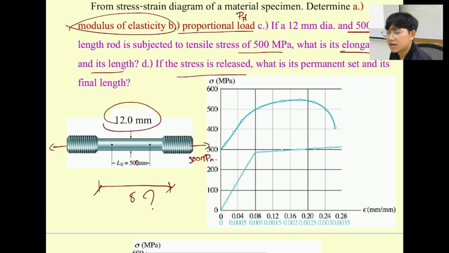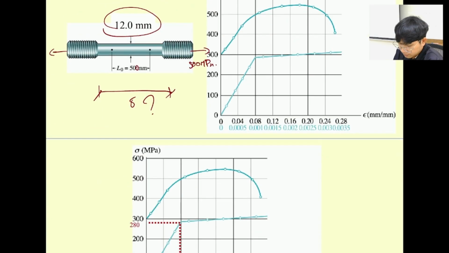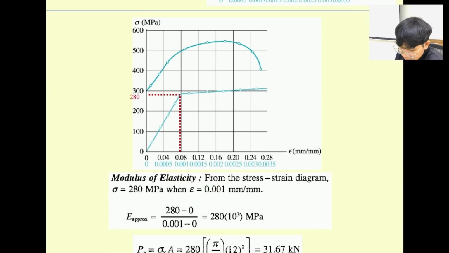And then if the stress is released, what is the permanent set and its final length? So things are really similar to what we discussed last time. Starting off with the modulus of elasticity. If you remember, we have the PL point, which is the last point of the curve in the linear region, which is this point. Then we just plot this to the y-axis, and we get the sigma PL directly, and then we get the strain PL directly.